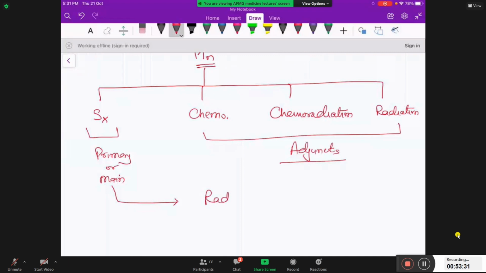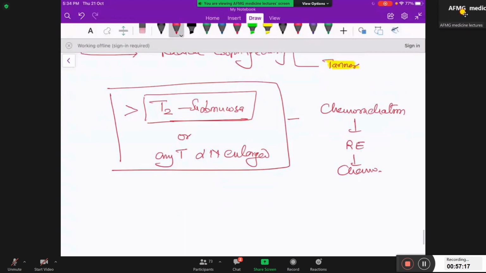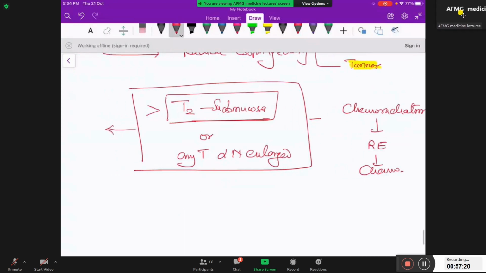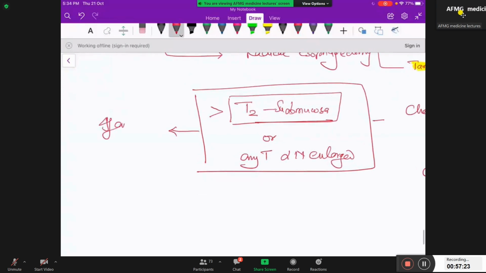Radical esophagectomy. So if anything lesser than this is there, your answer should be only radical esophagectomy. Let me make you understand this. It is something to understand; once it is clear, it will become very easy for us.